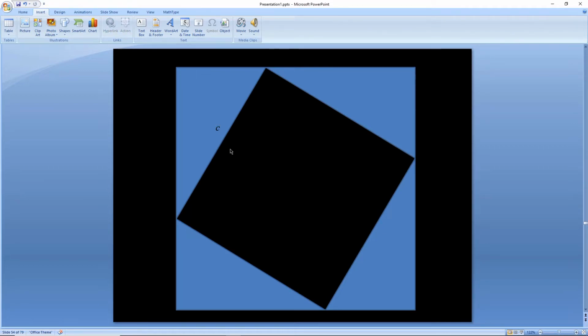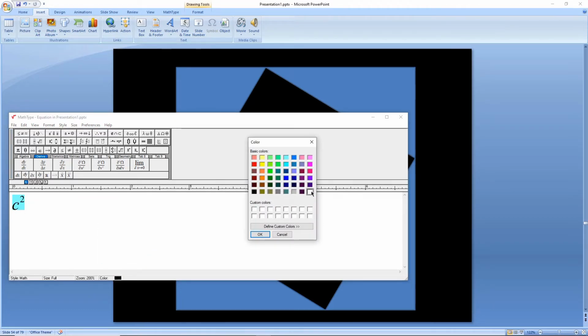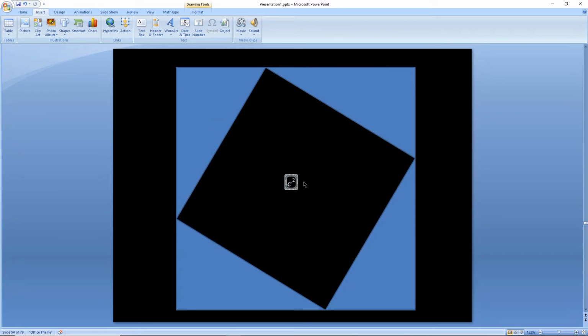And what that means then is that the area of this black rectangle then is C squared.